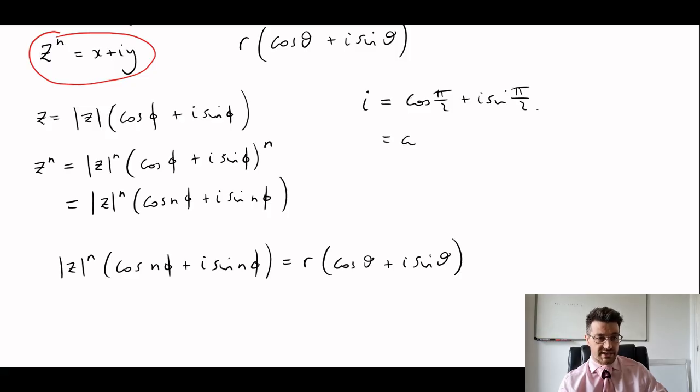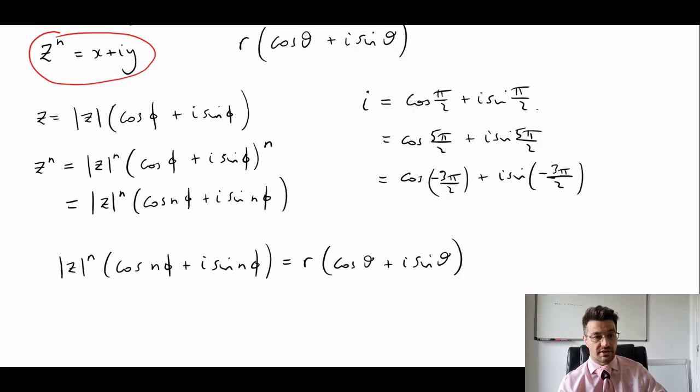Or we could write it as cos 5 pi by 2 plus i sine 5 pi by 2. Or we could write it as cos minus 3 pi by 2 plus i sine minus 3 pi by 2, and so on. This is going to play a big role. I'm going to touch on this towards the end of the video. I think I'm going to say something a little bit more about this.